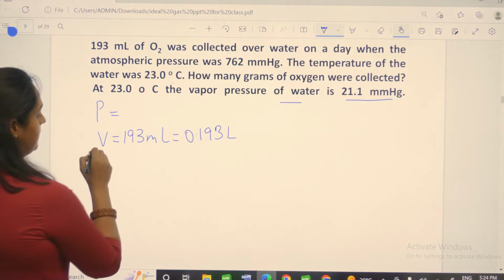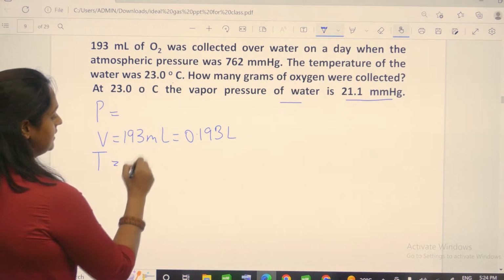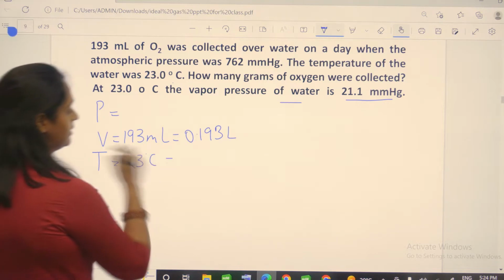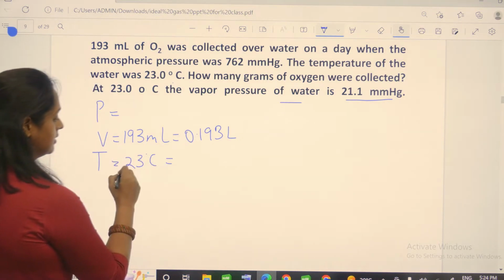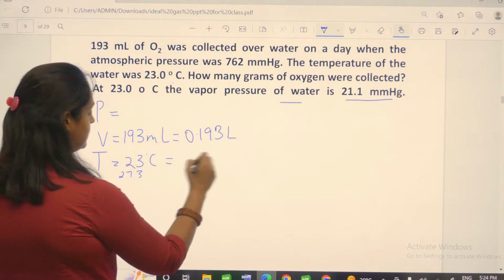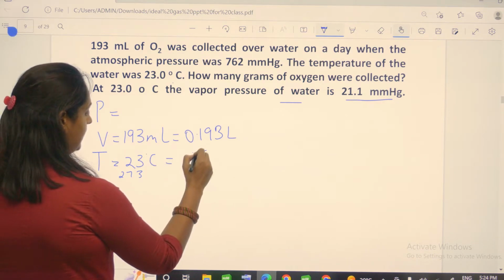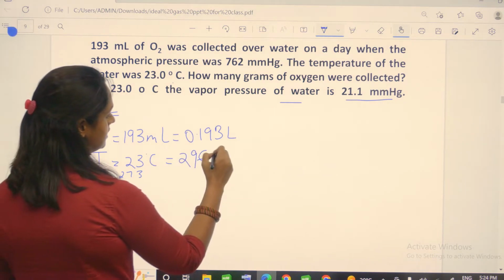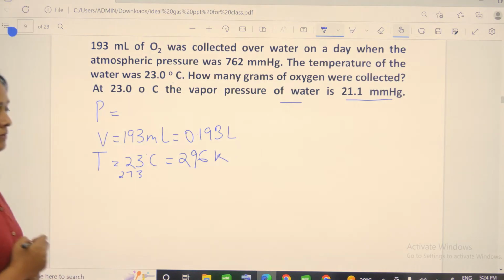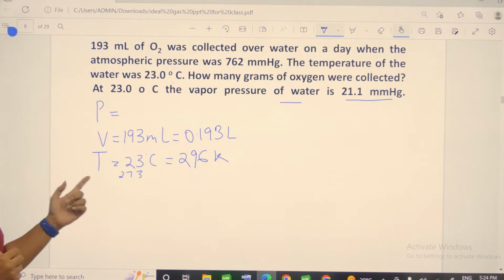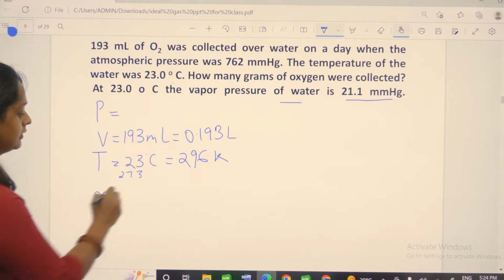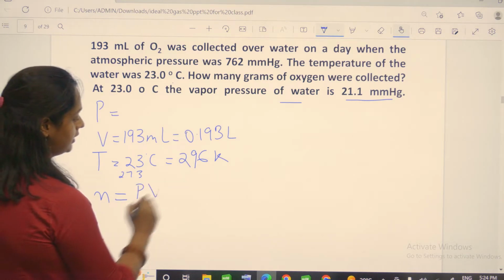And what else is given? Temperature is given, 23 degrees, that means plus 273, it becomes 296 Kelvin. Right? So P, V, T you already know, so the number of moles you can calculate as PV upon RT.